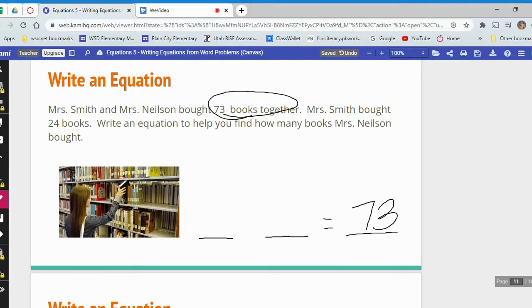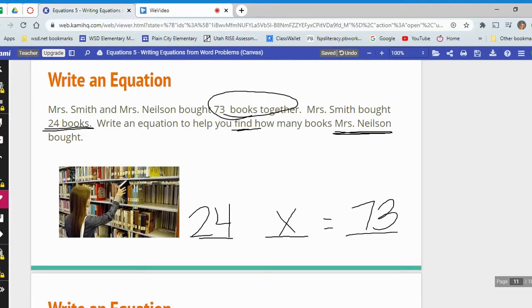Okay, and now I have 2 things. I have Mrs. Smith and Mrs. Nelson. Do I know one of them? Yep. Mrs. Smith bought 24. Now, do I know how many books Mrs. Nelson bought right here? Nope, because that's asking me to find that. So that's my missing. I'm going to put my X for Mrs. Nelson.